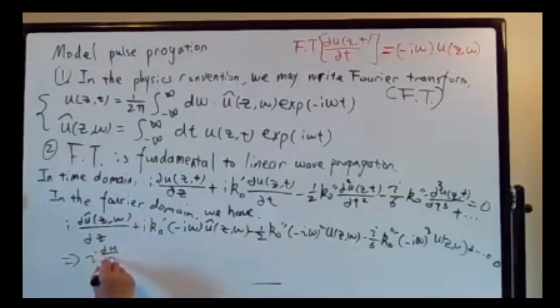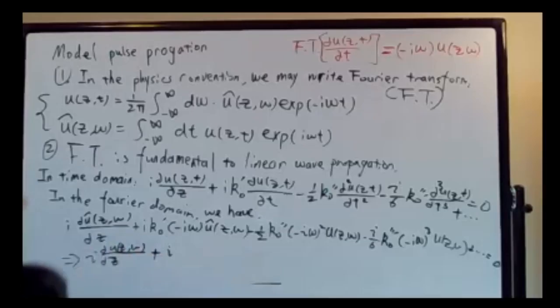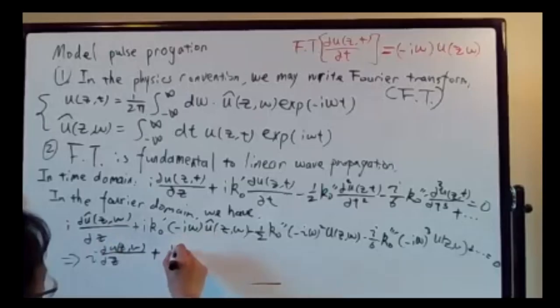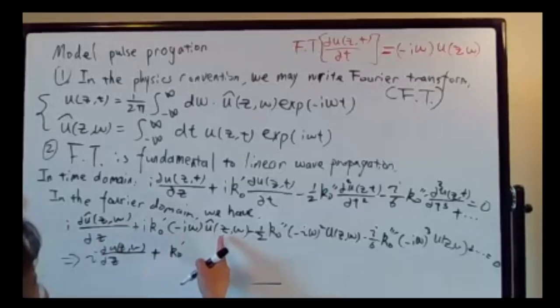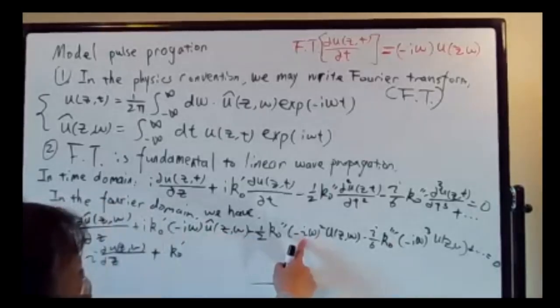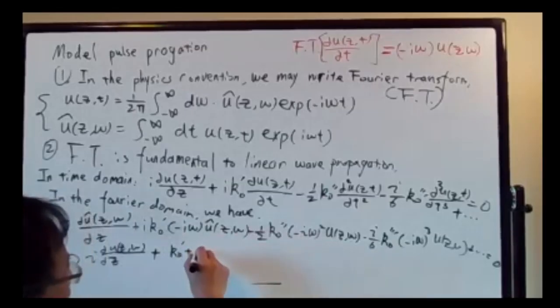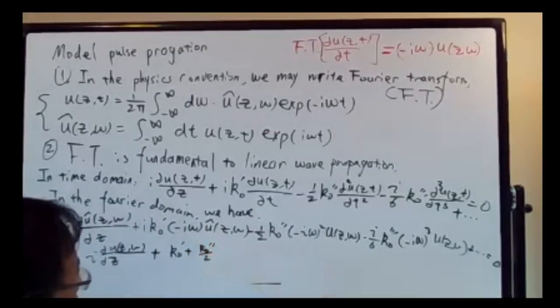So now what we have is i partial û over partial z, I just copy, plus this i and negative i cancel out, so it's positive, k naught prime û(z,ω), which I'm going to use later on. Negative i squared is simply negative, so plus k naught double prime over 2.